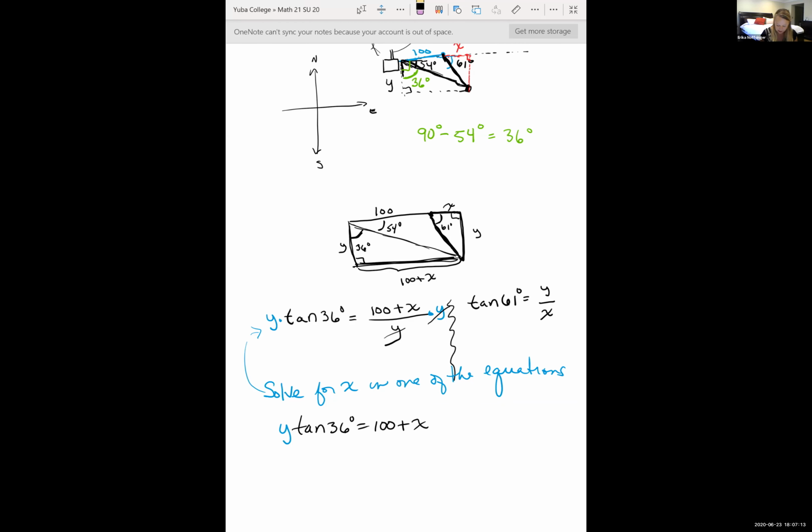So X is equal to Y tangent of 36 degrees minus 100.